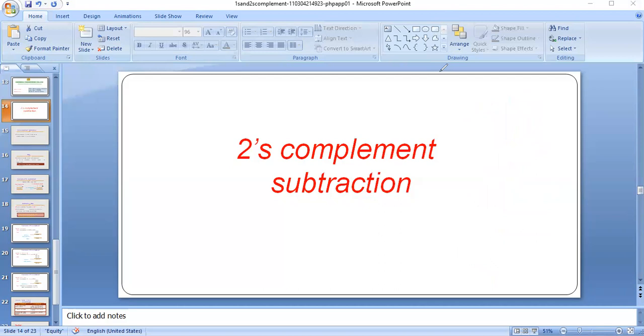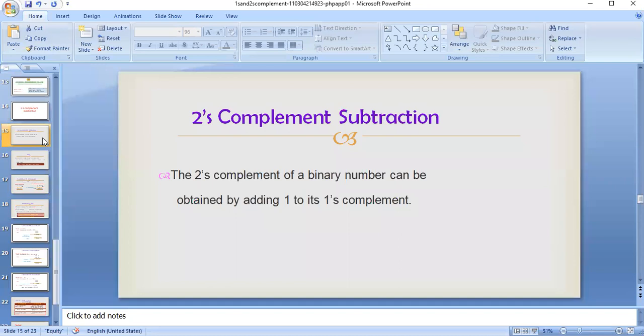Now I'm going to explain the two's complement method of subtraction. What is the procedure? Here we are taking the same problem, where this is the minuend and this is the subtrahend.